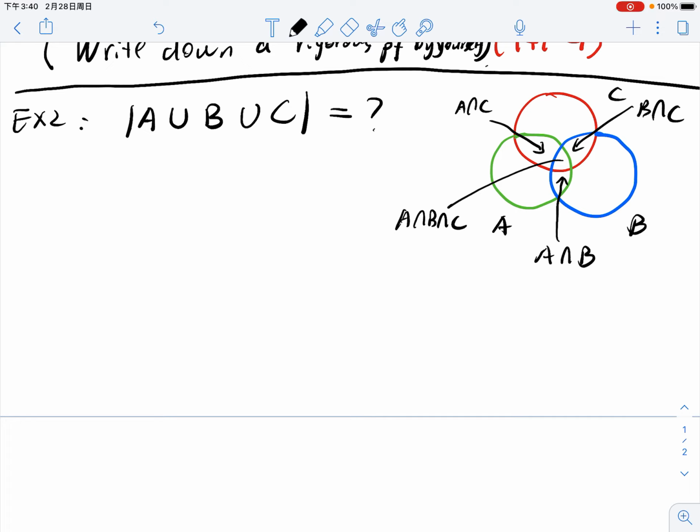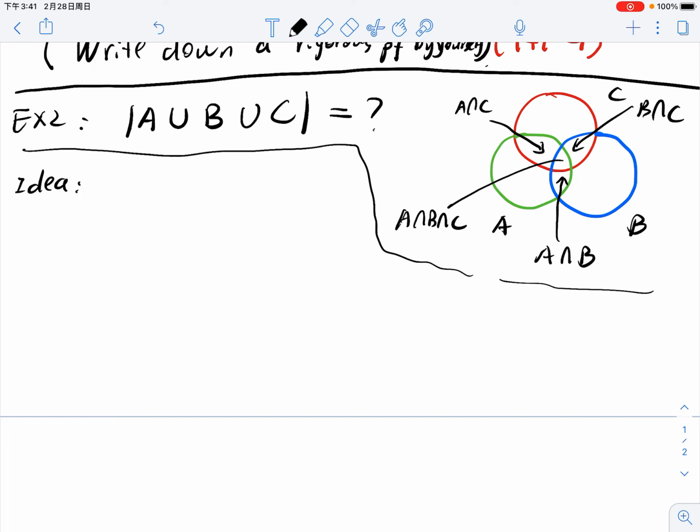So whenever you have some complicated stuff, think of the induction method, that is, the idea is to view A union B as a whole thing.